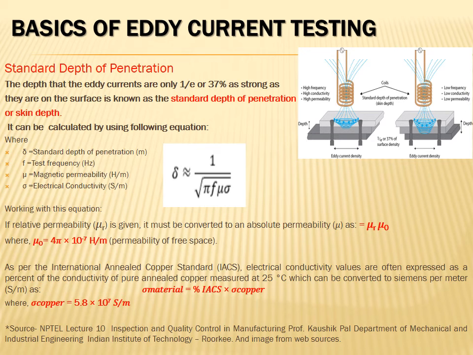Sometimes the electrical conductivity is not given directly, so we convert it into Siemens per meter. So sigma of the material is equal to the percentage of IACS times the conductivity of copper. We already know the copper electrical conductivity is 5.8 times 10 to the power 7 Siemens per meter. Okay, so in that way we calculate on that slide.